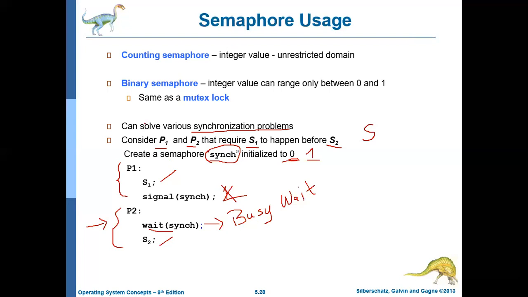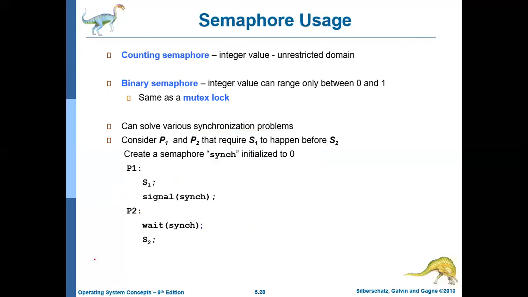So this is about semaphores. Counting semaphore can be implemented as a binary semaphore. The binary semaphore is nothing but the semaphore which takes values between 0 and 1.